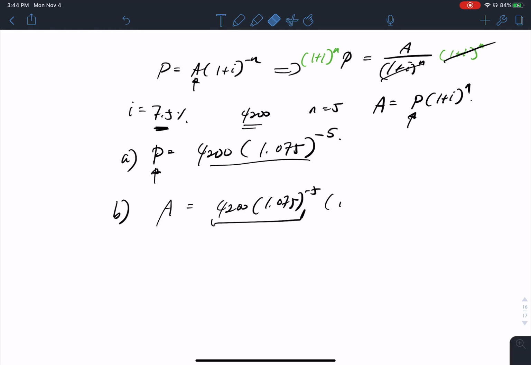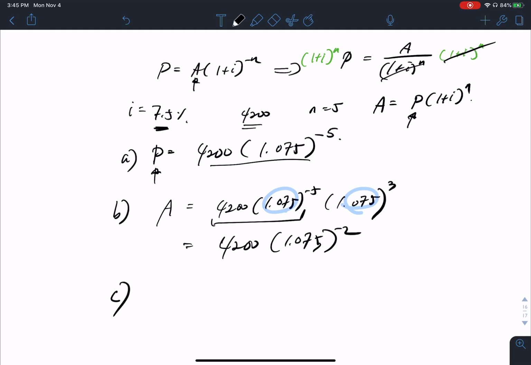And this is still 1.075, and then we're talking about 3. So do you see how they have the same base? So this is the same as 4,200 times 1.075 to the power of negative 2. Okay, so that's what it was 2 years ago.